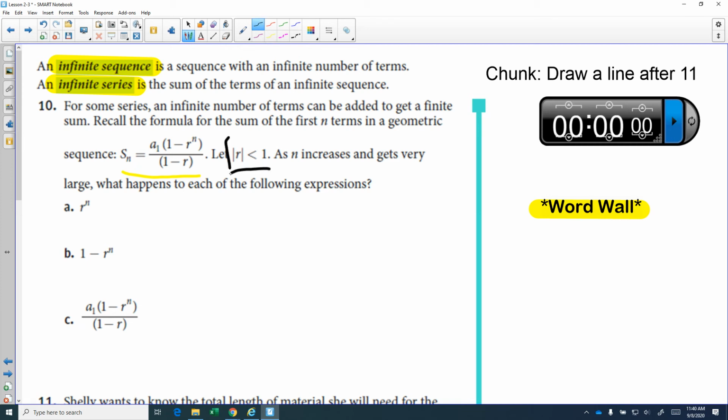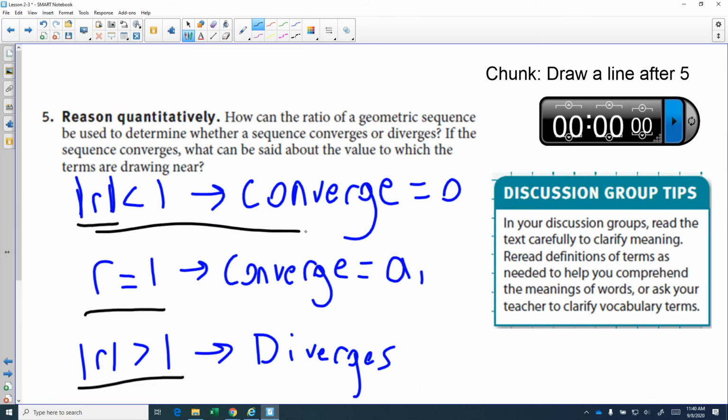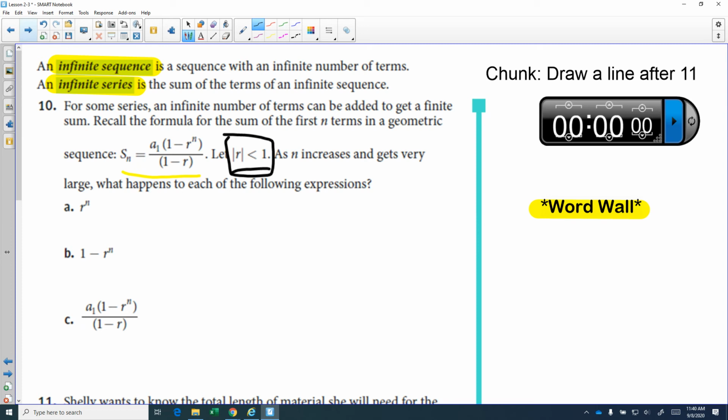Remember, if the ratio is less than 1, I can assume R of n is going to converge to 0, because my ratio is less than 1, as stated at the top. It's going to get closer and closer to 0.